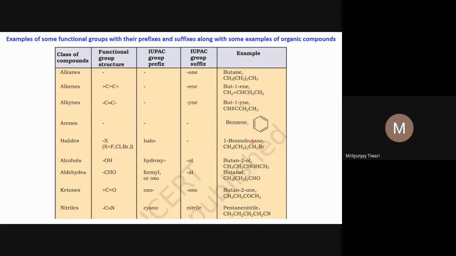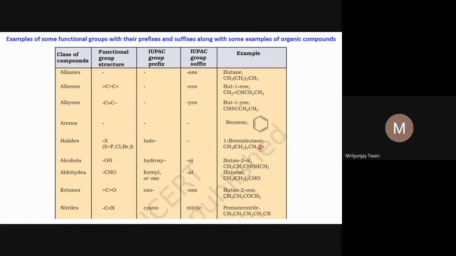So there is a position isomer for this compound, a possibility of position isomer. Suppose the compound is written from right to left, CH3, CH2, then CHBr, CH3. In that case, the numbering will start from the left. So this carbon will be first, and the second carbon will be the one which contains bromine from the left hand side. That compound will again be 2-bromobutane, and that compound is the position isomer of this compound.